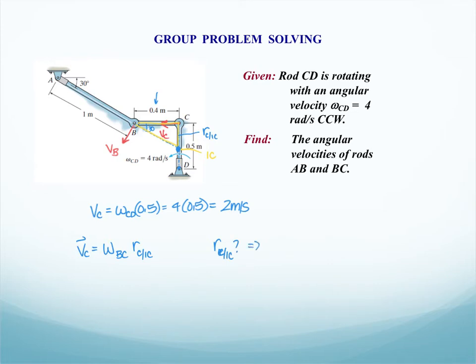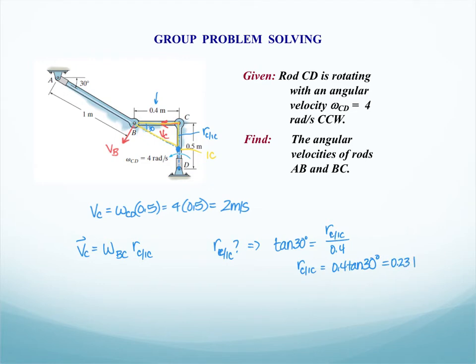And so what I'm going to say is the tangent of 30 degrees is going to be that length of that piece of the triangle over 0.4. And so this ends up to be 0.4 times the tangent of 30 degrees, and that ends up to be 0.231.